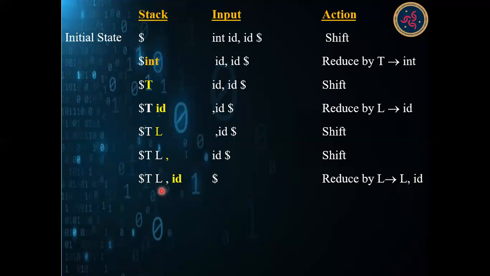So here more than one symbol is popped from the stack, that is L comma id. This L comma id is popped from the stack, and we push the left hand side of the production, that is here it is capital L. So this will be popped out, and this L will be pushed into the stack.